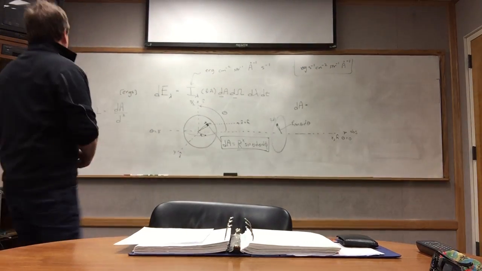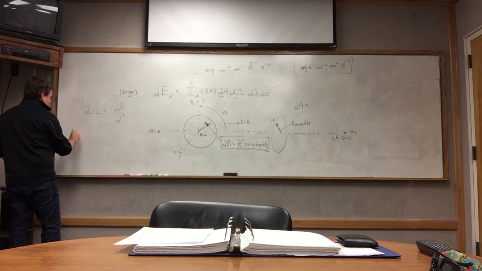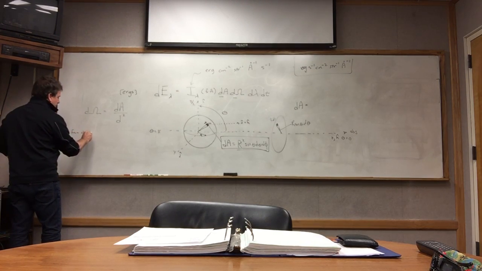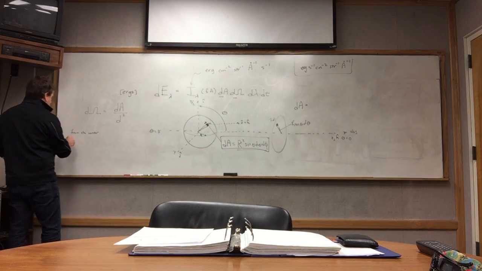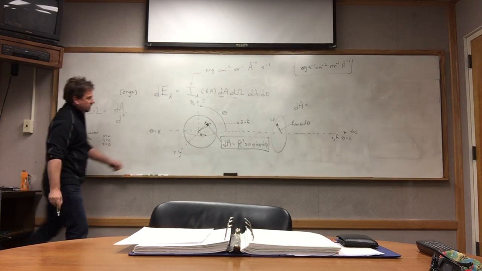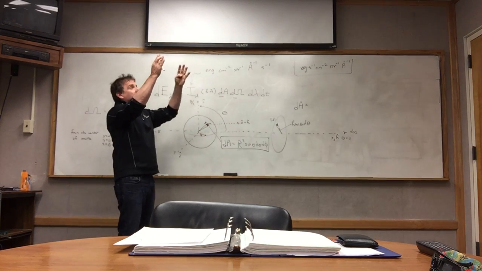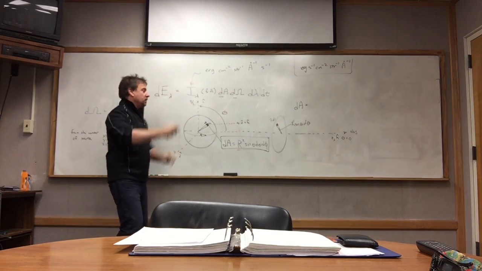Okay, so let's ask the first thing. What if we look from the center of the coordinate system? Okay, basically x equals 0, y equals 0, z equals 0. In which case, d, the distance from the center to the area element, is the radius of the object.